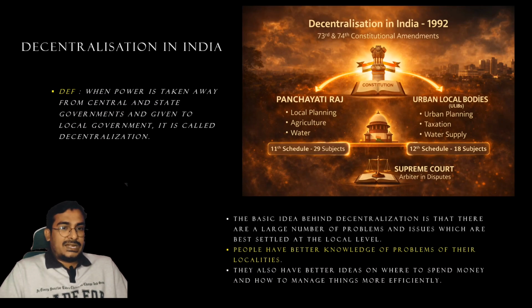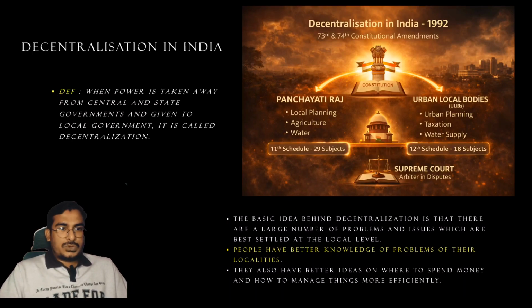Very few states had it, and then by 1992 it became compulsory that they pass on their powers to the local governments, because it was a law that was passed. The reason for this is that local people are the best ones to sort out their own problems, rather than the central government trying to create a solution for the problems of the people in villages. So this is the idea behind that.